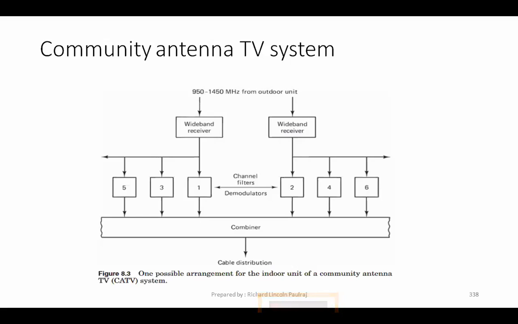Okay, so here you can see that this has distributed the filters based on the odd and even concept, and then you have a combiner, and then you have a cable distribution. So this works out well for a large number of users.